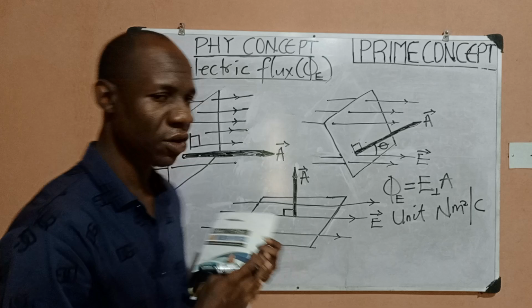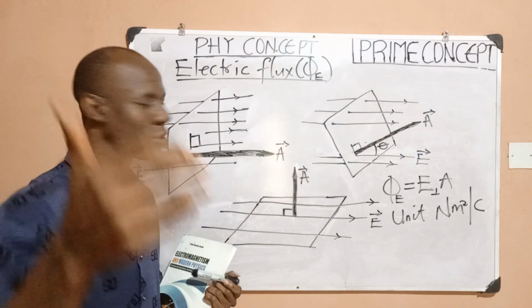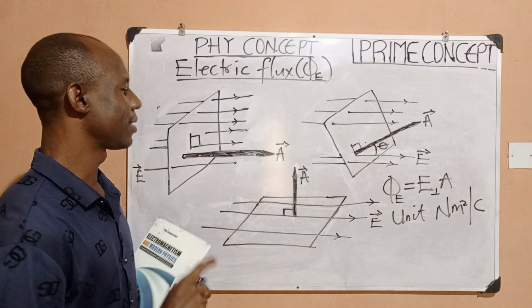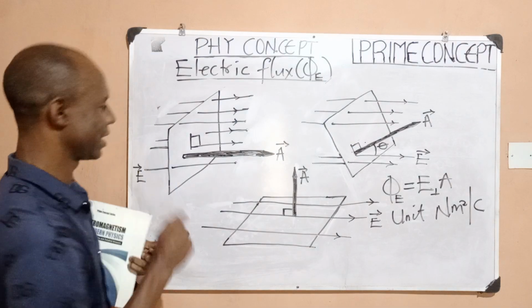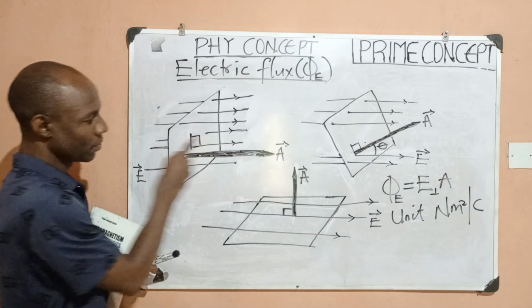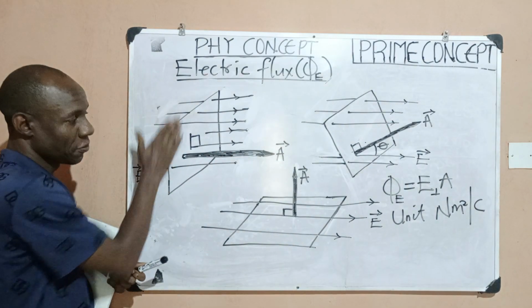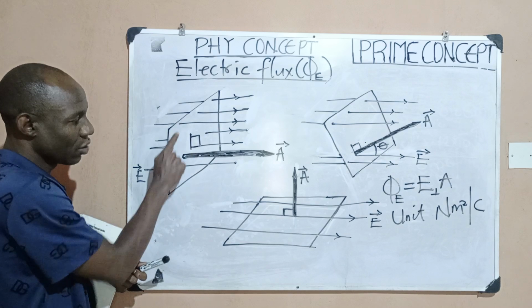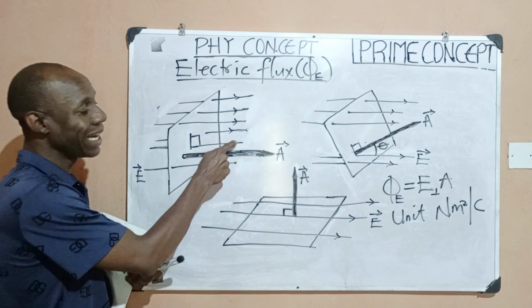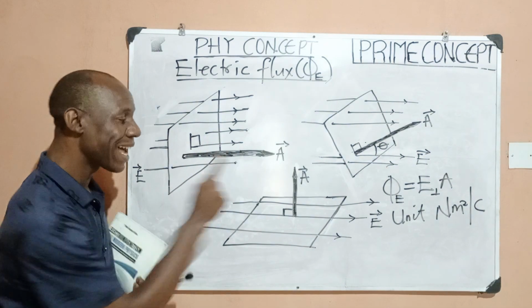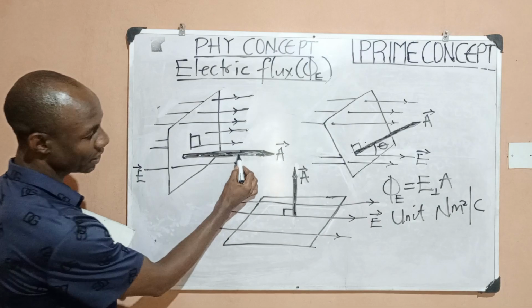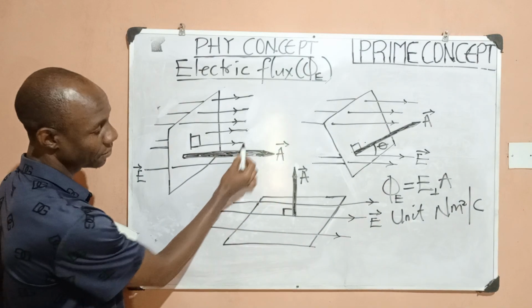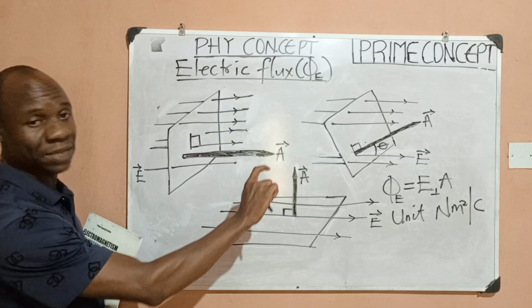Please, there are confusing things here that you need to pay close attention to so that you can understand. Now, if you observe this, our electric field is perpendicular to the surface, to this book. It's perpendicular to this surface, but our electric field is parallel to our area vector. This is our area vector, this is our electric field, and both of them are moving in the same direction.